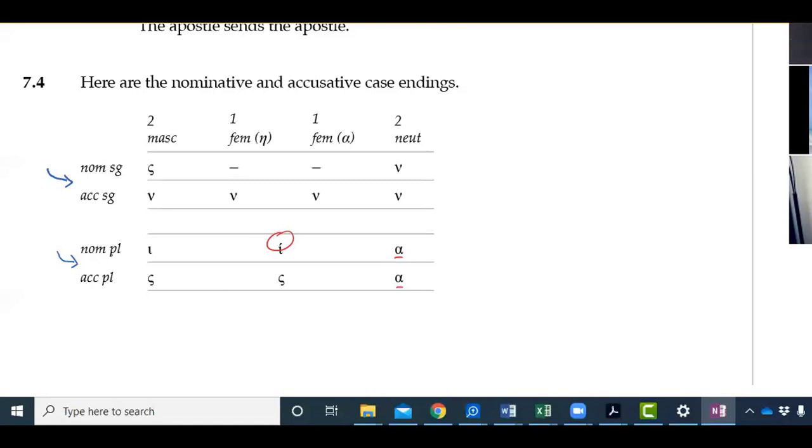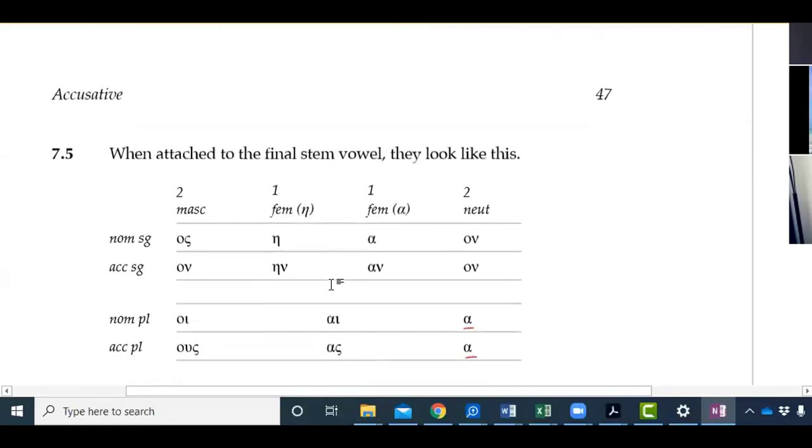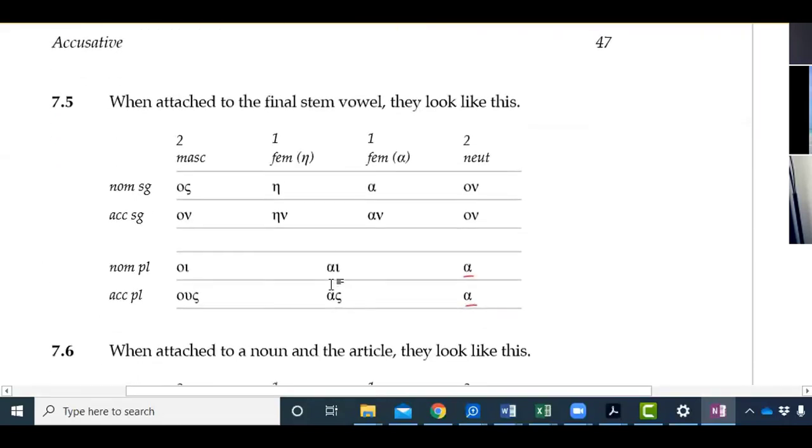Okay? So let's take a look here at what it looks like when you have the noun's stem vowel. This is still only part of what the whole word will look like, but remember, first and second declension nouns have a stem vowel to which the case ending is added. And when we add the case ending to just the stem vowel, you're going to see this part.